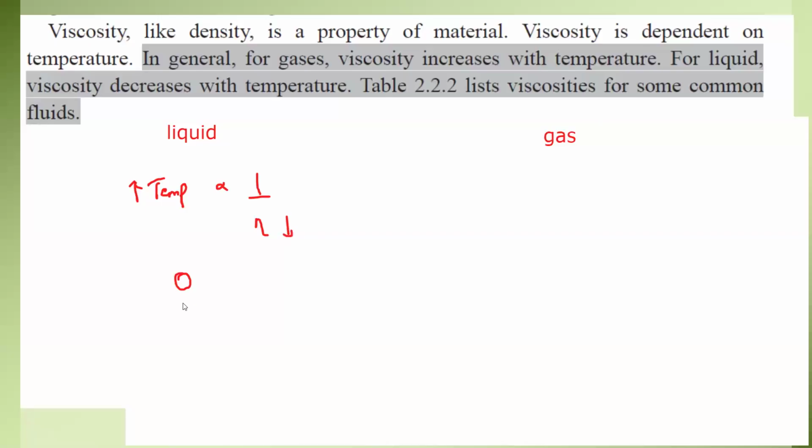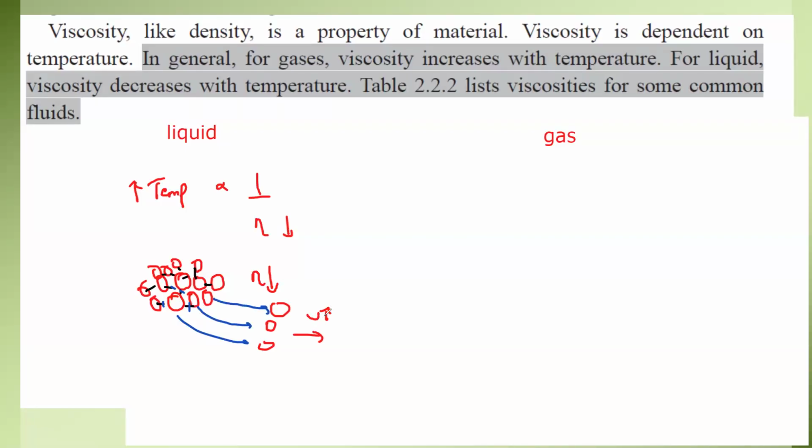Because in a liquid, the particles are already close to each other, just moving past each other, and there is attraction between the particles. When we increase the temperature, we break these attractions, so the particles move faster. The flow increases, which means the velocity has increased, so the viscosity has decreased.